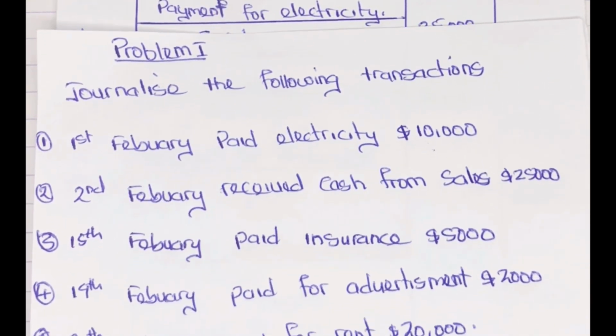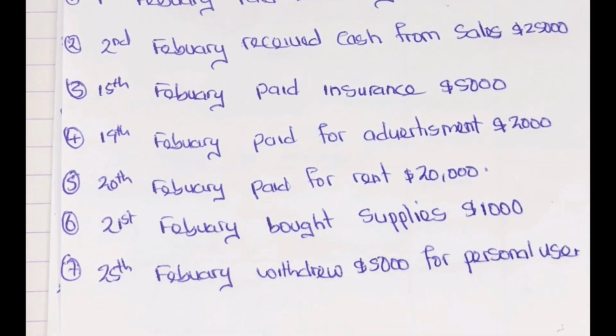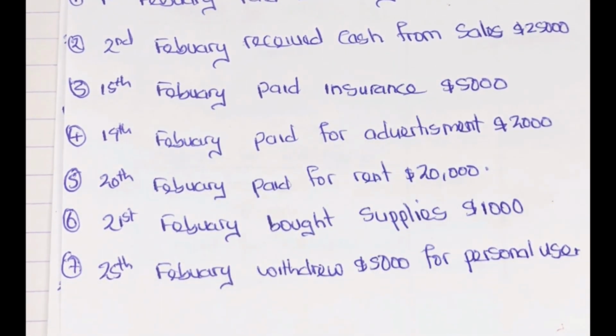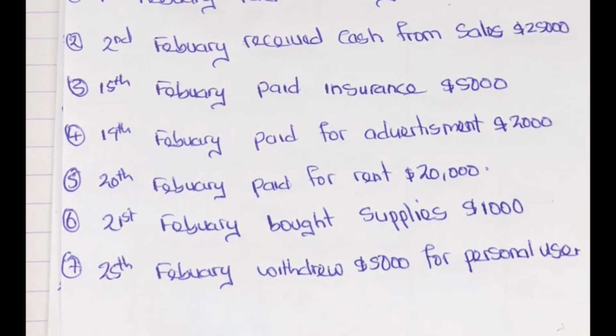So the third transaction says on the 15th of February, paid insurance $5,000. So we paid insurance for $5,000. We paid by cash. So we have the cash account and the insurance account.